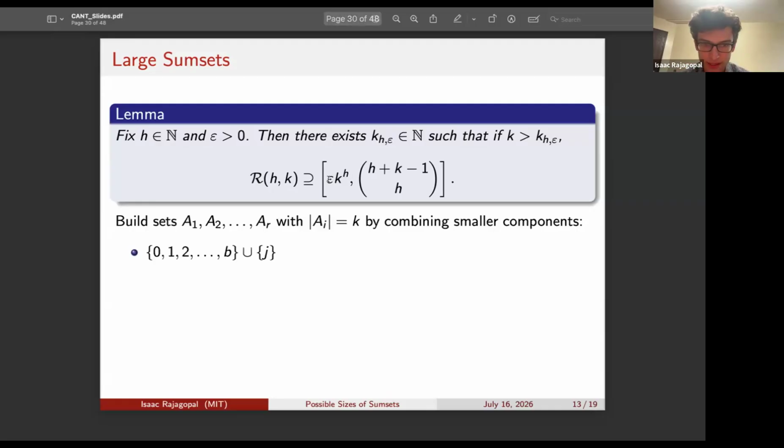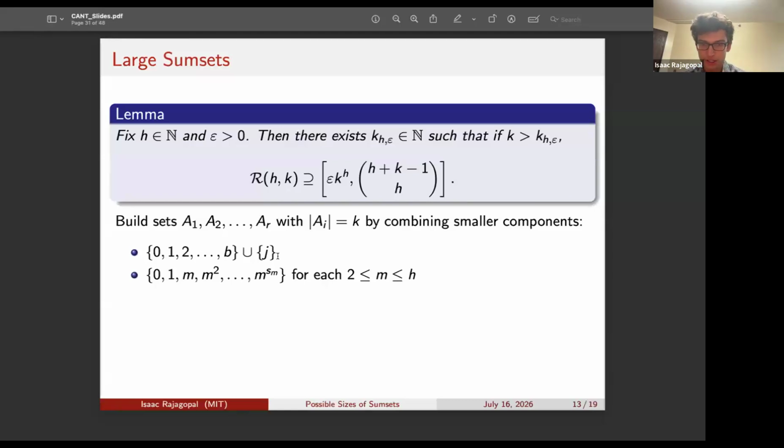The component with small sizes is an arithmetic progression plus a point. This is going to have a very small h-fold sumset size. And then we want to combine this with something with a bigger sumset size. The component I looked at is a geometric series.